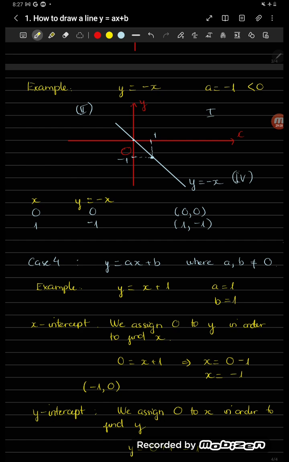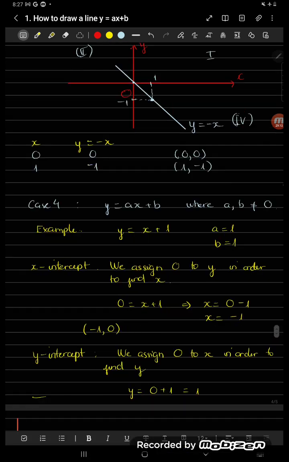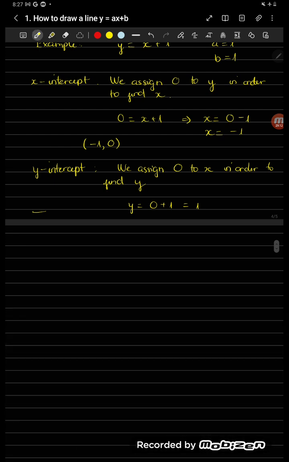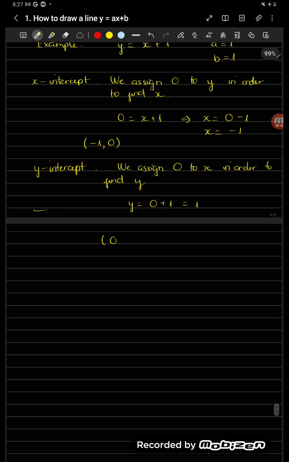So in this example, the y-intercept is 1. Now we have the second point where x equal to 0 and y equal to 1. So now we have 2 points. It's enough to draw a straight line.